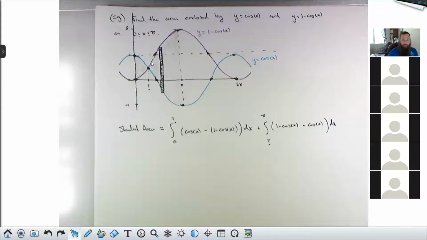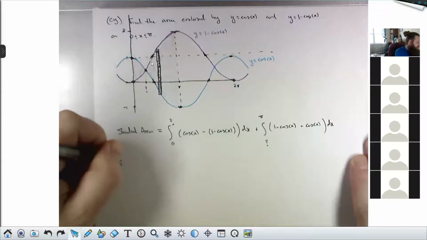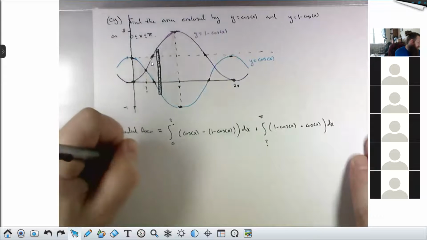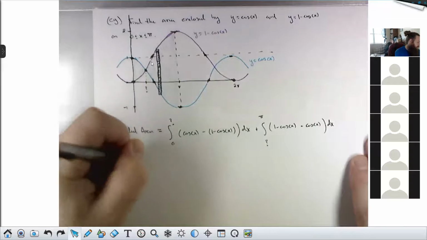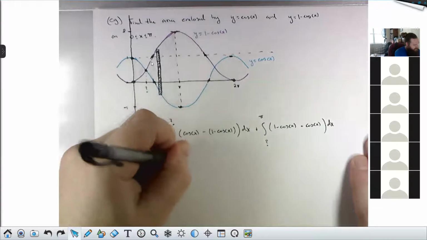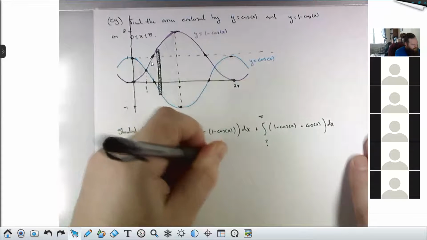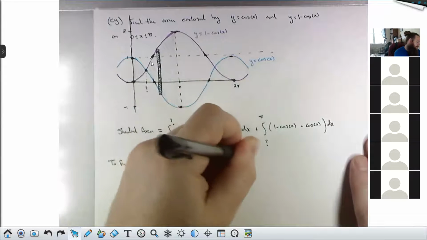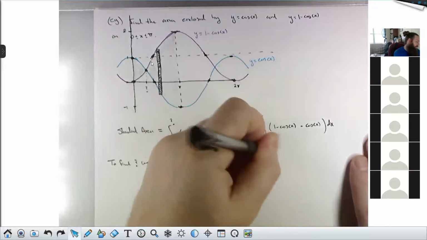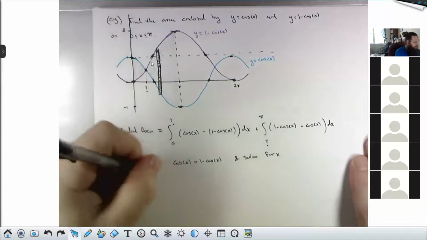Set them equal to each other. Yep, just like before. So you set cos x equal to 1 minus cos x and solve for x.